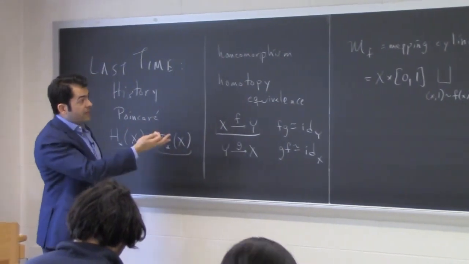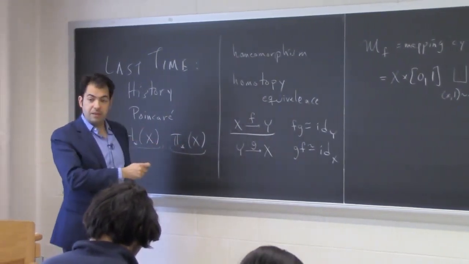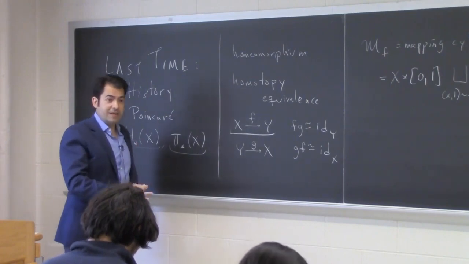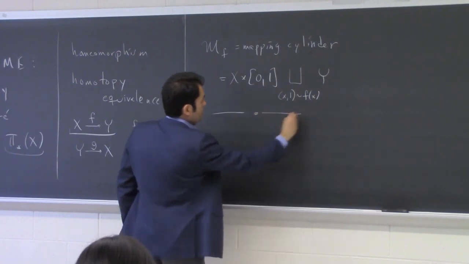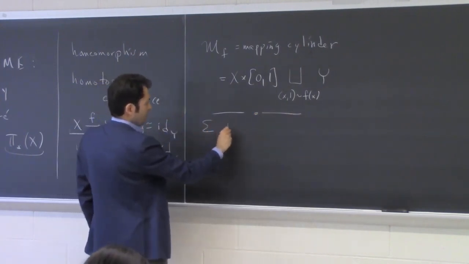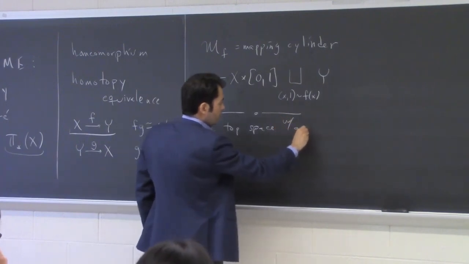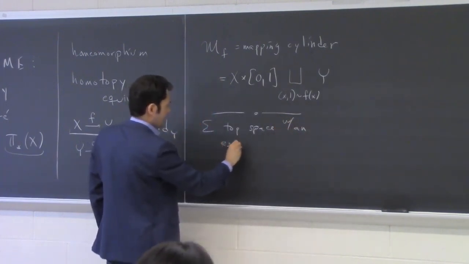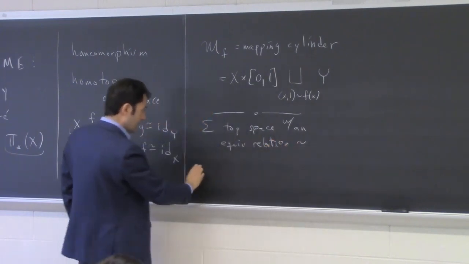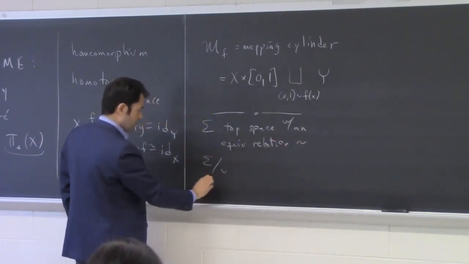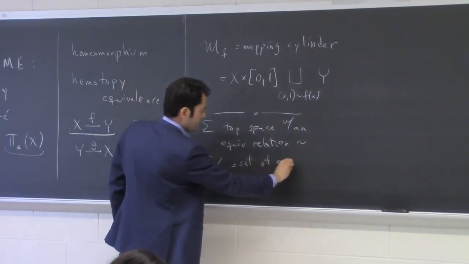Right, and somebody asked me what I meant by this, and I was thinking that maybe I didn't completely answer the question. So let me remind you what we mean by an identification space in general. So if sigma is some topological space with an equivalence relation, then this is the set of equivalence classes.